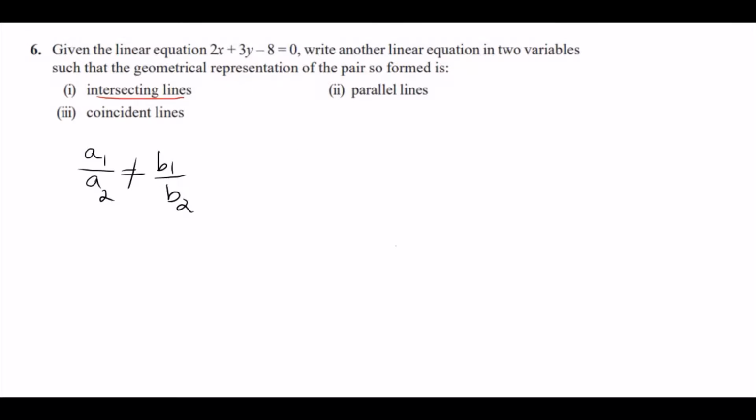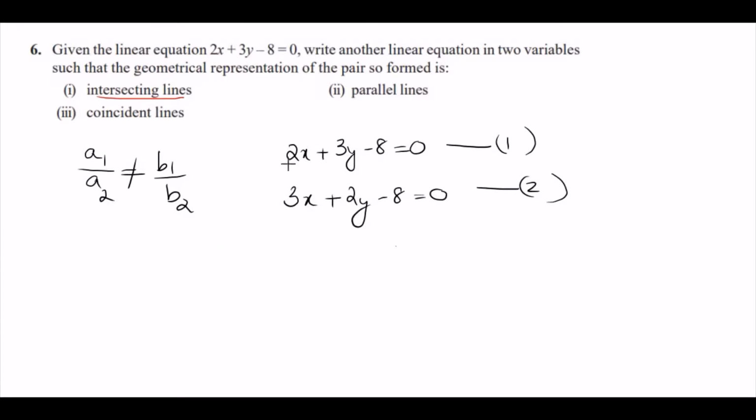So here first equation is given, that is 2x plus 3y minus 8 is equal to 0. So we have to frame a second equation in such a way that a1 by a2 is not equal to b1 by b2. So take some values for a2 and b2 such that you get a1 by a2 not equal to b1 by b2. So you can take 3x plus 2y minus 8 equal to 0.